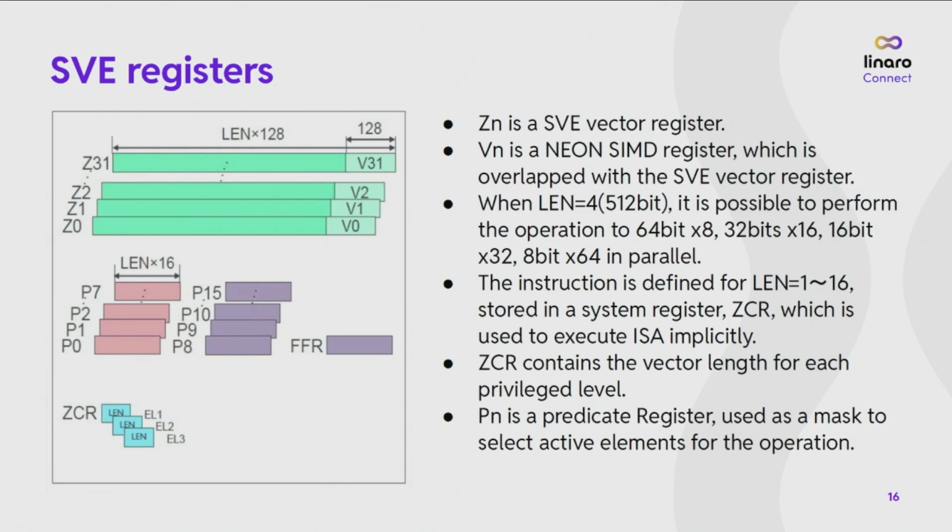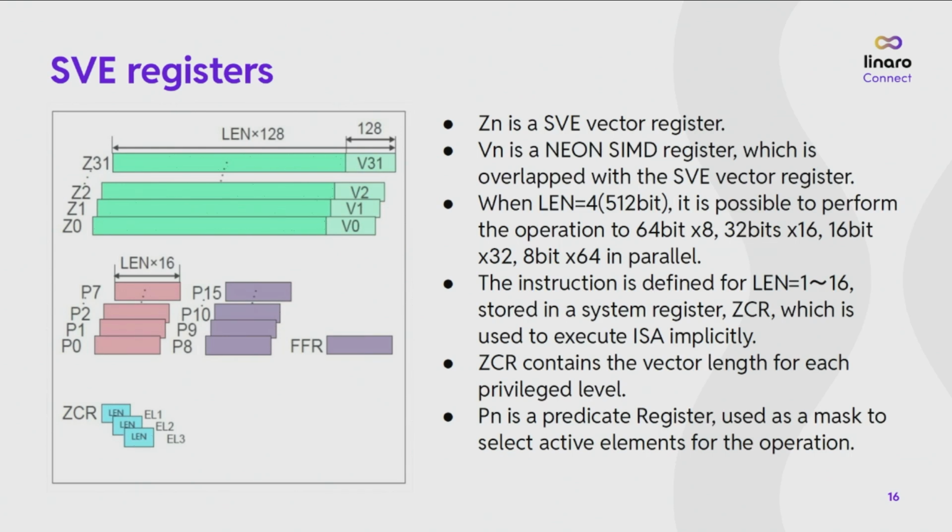So here we have the description of the SVE registers. We have 32 SVE vector registers marked from Z0 up to Z31.